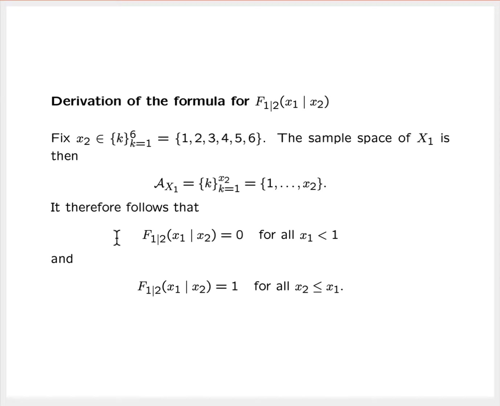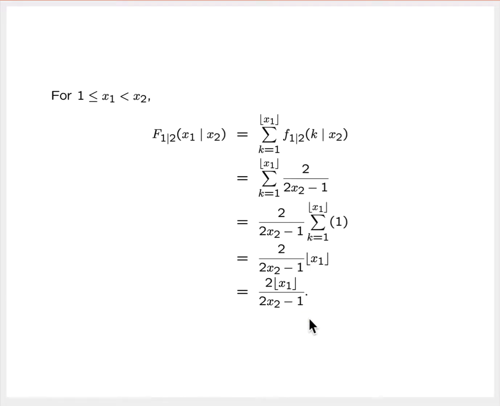It therefore follows that the conditional CDF of x1 given x2 is going to be 0 for all values of x1 less than 1. It's going to be 1 for all values of x1 that are greater than or equal to x2. And then for values of x1 that are greater than or equal to 1 and strictly less than x2.